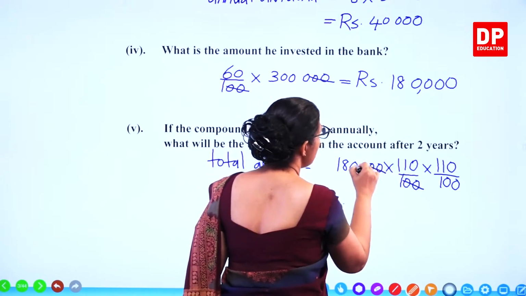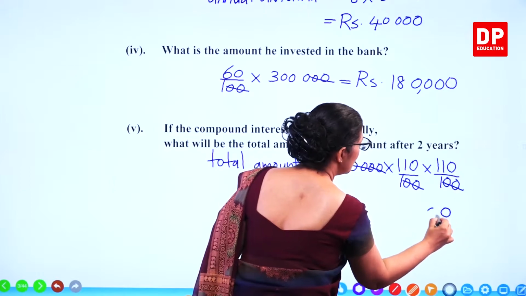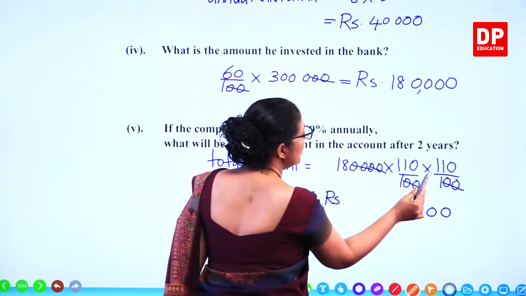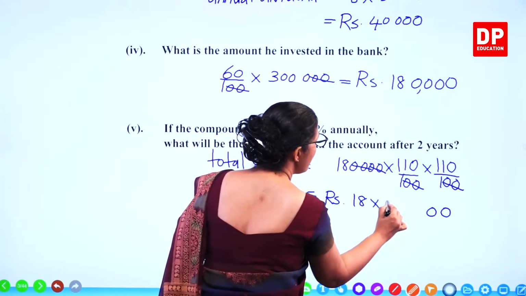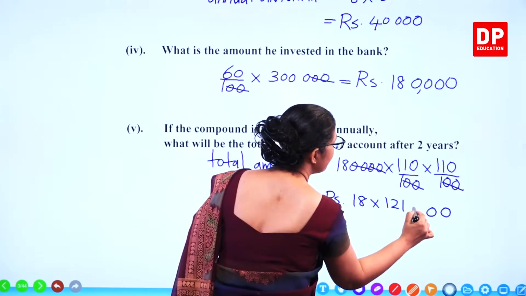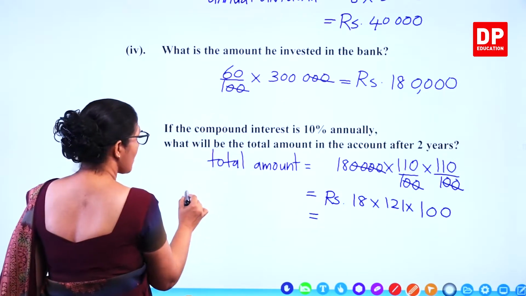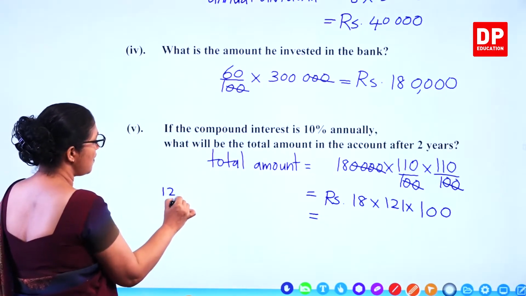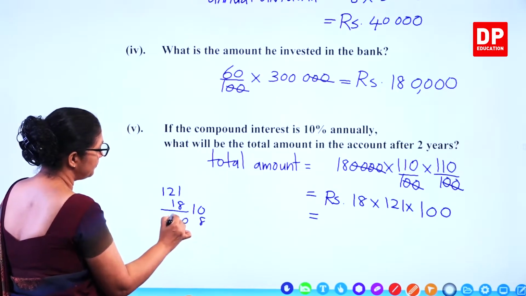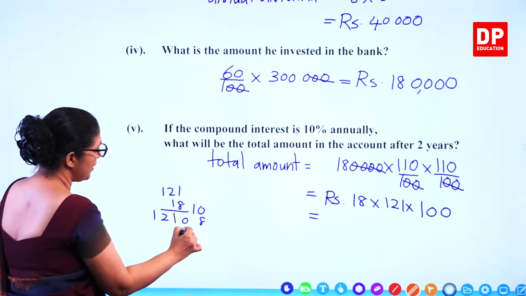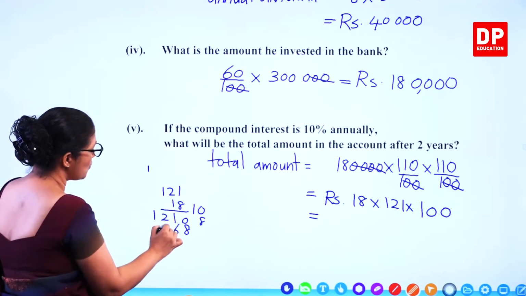2 zeros and 2 zeros, 1, 2. 11 times 11, 121. So 18 into 121. 121 into 18, 10 and 8. 8 times 1, 8, 16. 8 times 1, 8 plus 1, 9.